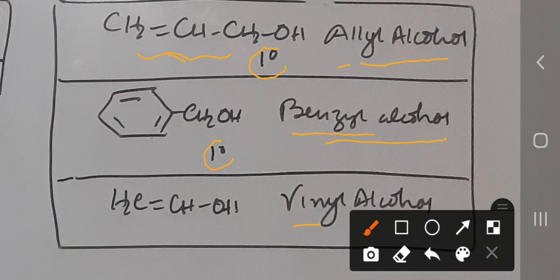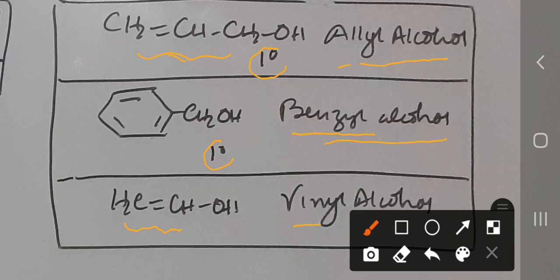And the last one is vinyl alcohol. H2C double bond CH single bond OH, vinyl alcohol. Many times students make the mistake that they just write 1 degree, 2 degree alcohol in case of vinyl alcohol because there is an OH group attached to the CH part. But that happens only when there is a single bond.